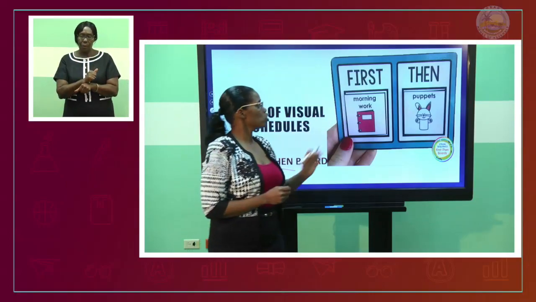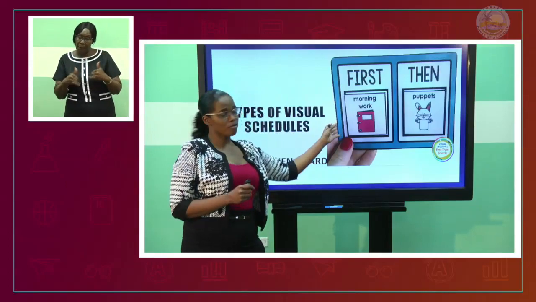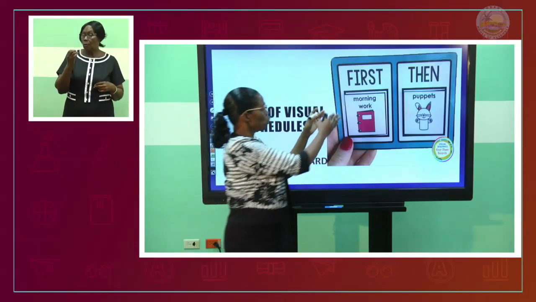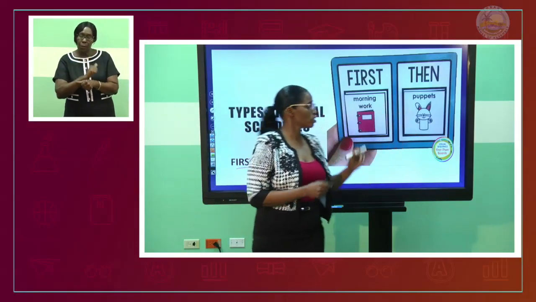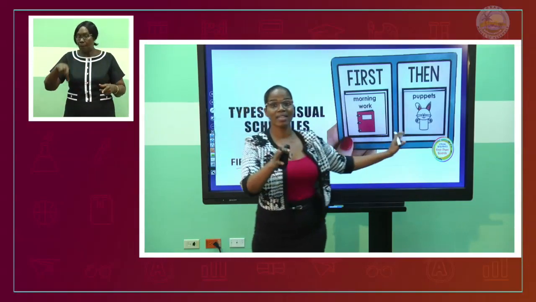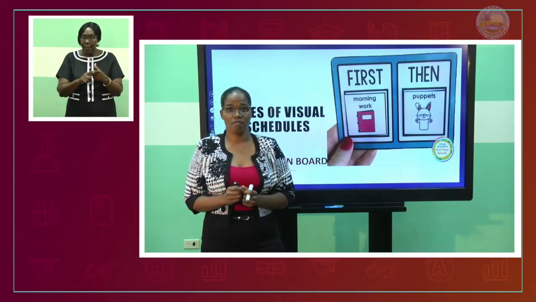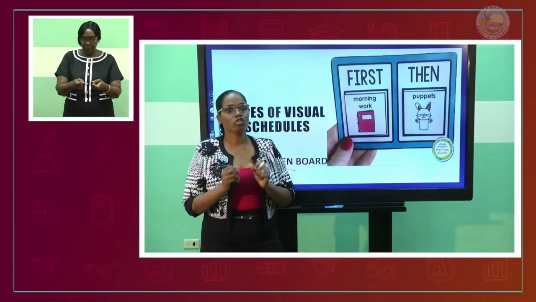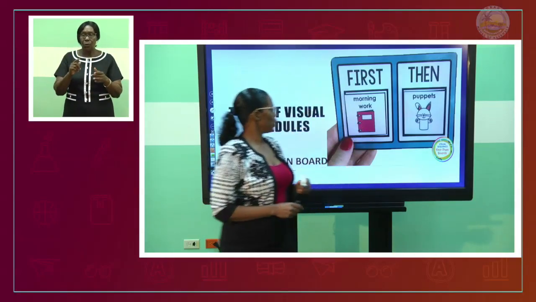They would prefer to do something else like maybe playing. But you have a non-preferred activity, so it's more like a reward system. You do your morning work first, and then you can do puppets. Or you do your morning work, and then you can go to play. So it gives the child a reward to work for. And it helps, as I said, to assist parents in doing what needs to be done to get the day going.